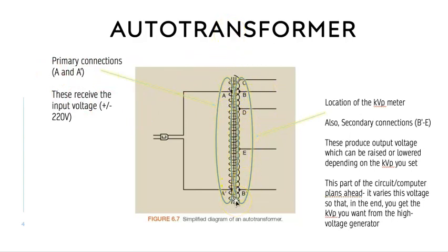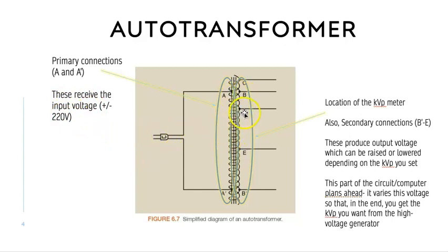Now, why we don't use autotransformers in all cases is because it only allows a very small bump up or bump down. So our primary connections on this side are labeled A and A apostrophe. These receive the input voltage, so give or take 220 volts from that outlet.